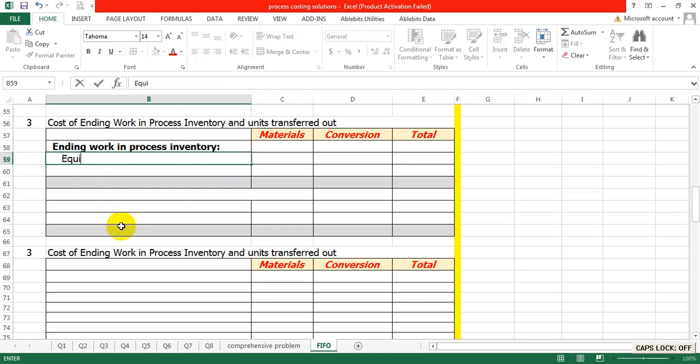My equivalent units of production. Okay, we can calculate with respect to material and conversion, right?